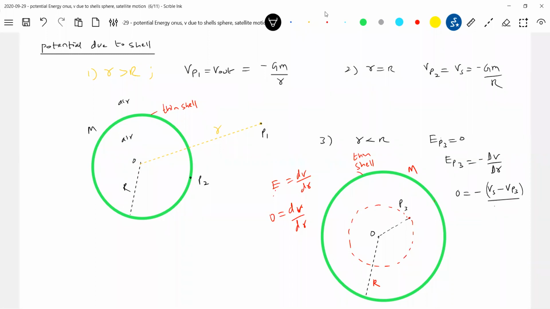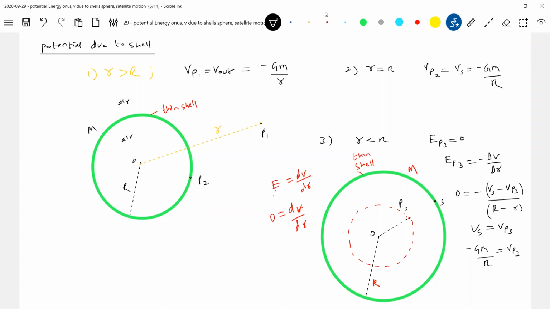Multiplied by R minus small r, anything multiplied with 0 will be 0. So finally, the potential at the point is equal to the potential on the surface. It's a simple idea. What is the potential on the surface? That will be the potential at all points inside the shell.